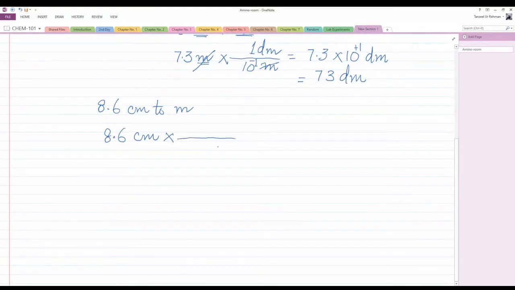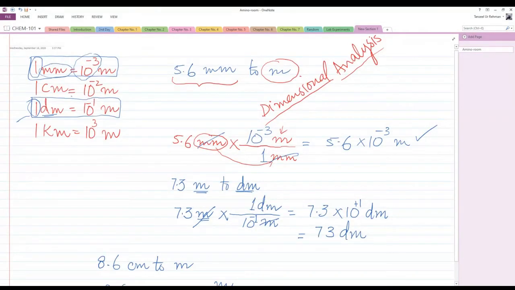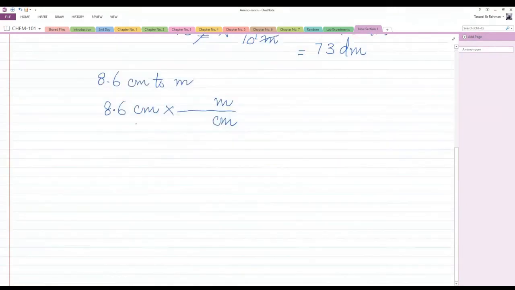What will you write down? Centimeter. And meter up. Here is the relationship, it is called the conversion factor. With the centimeter, it is written 1, and with meter, 10 to the raised power minus 2. Centimeter is cancelled. So what is your answer? 8.6 into 10 to the raised power minus 2 meter. This is your answer.